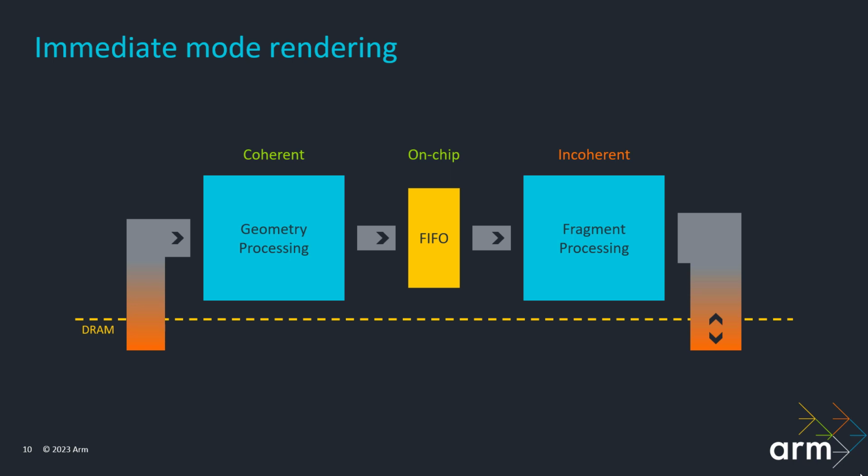That's very difficult. The triangles could be anywhere on the screen, making the fragment working set very large. If you have to keep color buffers, depth buffers, G buffers on chip, you'd need a huge amount of memory. So that tends to be off-chip memory backed in DRAM, and you get higher traffic on the fragment processing side doing read, modify, write access to frame buffers for ZS testing, blending, and so on.